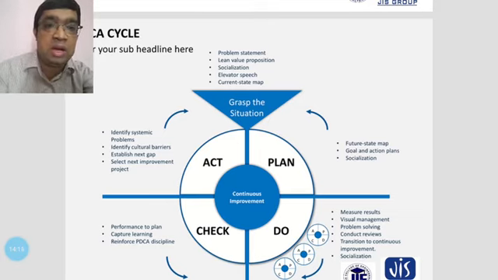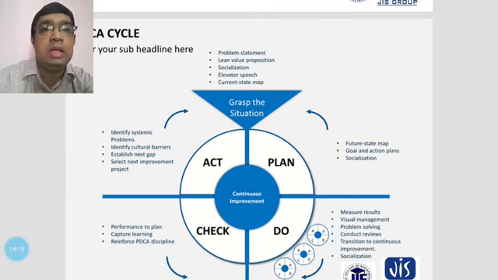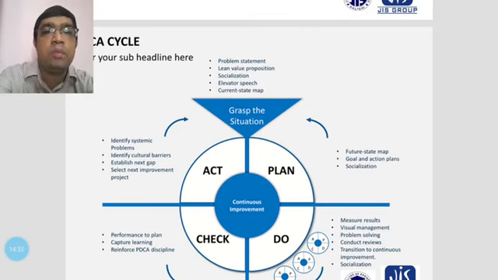Also identify cultural barriers, which are required to identify the cultural barrier, which procedures you have to improve, and also this person will be able to follow these procedures, and this will go toward cultural activities, and these procedures will be applied.